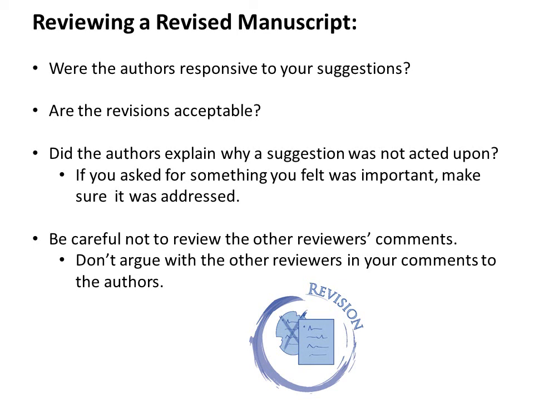As a reviewer, you should evaluate how responsive the authors have been to your concerns. Did they respond in a measured scientific way? Did they carry out additional analyses or experiments as recommended? If they did not, do they present a convincing argument? Why not?